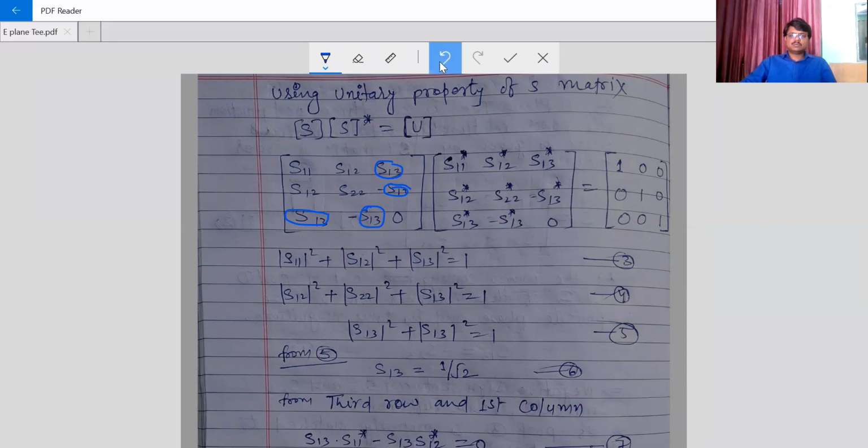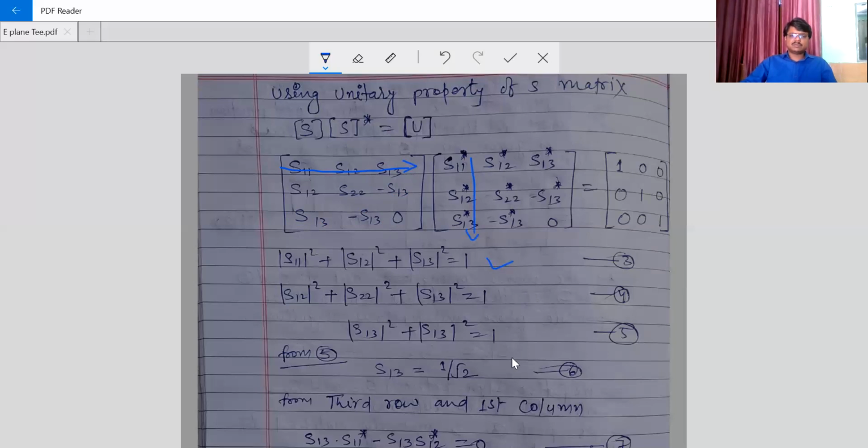So for doing such things, what can we do? Where is this S11? S11 and S12 are in the first row here, and S11 and S21 are in the first column here. And after that, the second thing is 1 1 and 1 3.